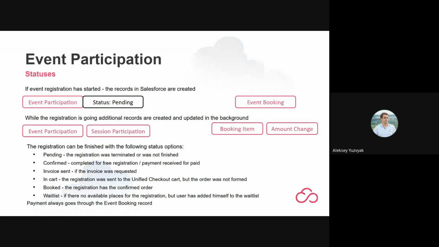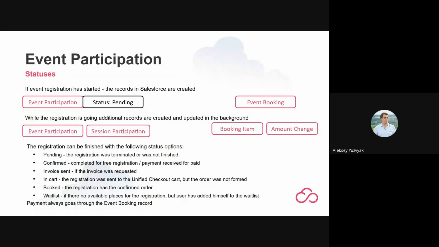Underneath of it, in the background, an event booking record is created automatically, and if the registration is going and some additional records are added, for example, additional event participation or session participation, certain booking items and amount changes are created automatically. Amount changes cover different discounts.